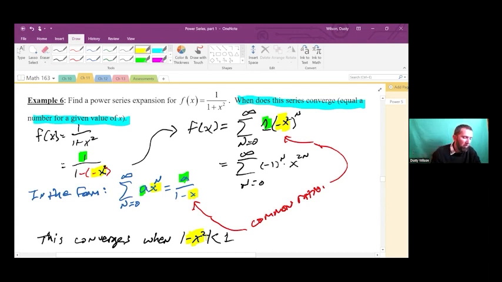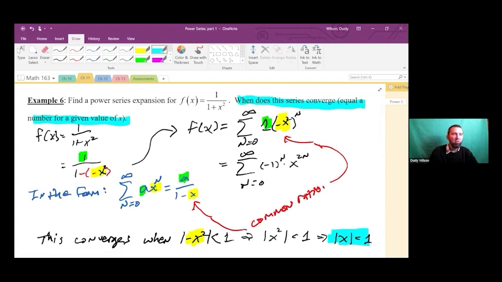Namely, negative x squared. The absolute value obviously doesn't care about the negative. So this would be when the absolute value of x squared is less than 1, and x squared is less than 1 in absolute value when the absolute value of x is less than 1. That is, between plus and minus 1. So here are the x values on which this power series is a valid expansion for the given function f of x.